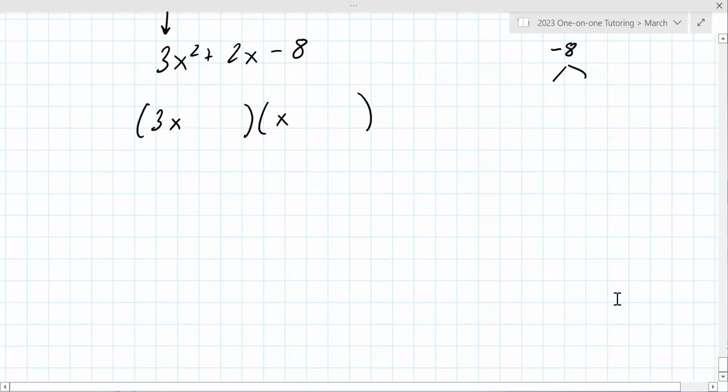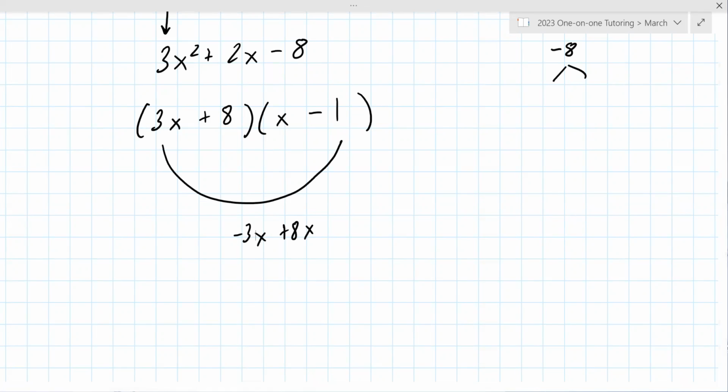So let me pick the wrong ones for the moment. Let's say you put -1 and +8 in here. When you check, 3x times -1 is minus 3x, and 8 times x is 8x. Do those add to 2x? No. The answer is no. And that's kind of what your table is trying to do here.